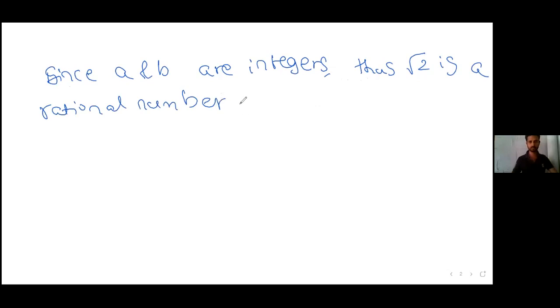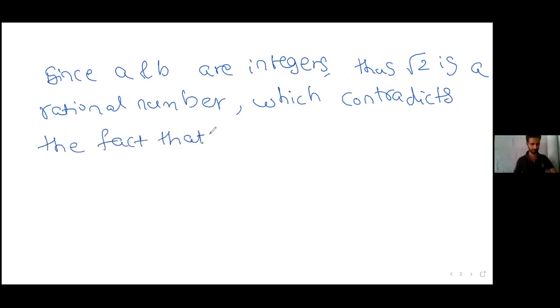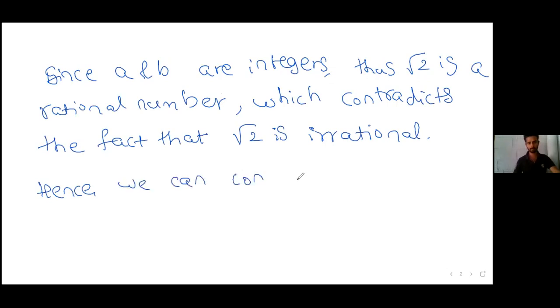Which contradicts our fact that root 2 is irrational. Hence we can conclude that 1 by root 2 is irrational.